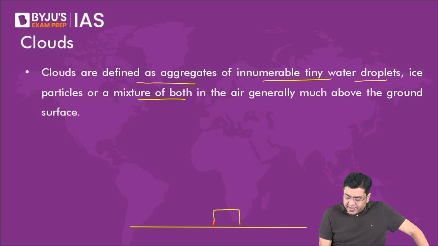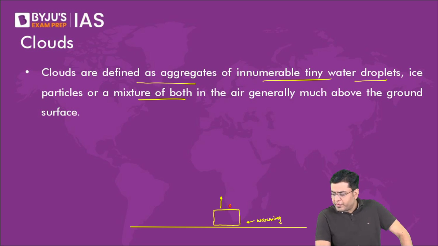Now let's suppose this air has got warmed up. So this will rise. After warming, the air rises up. I hope I don't need to explain all of that again.